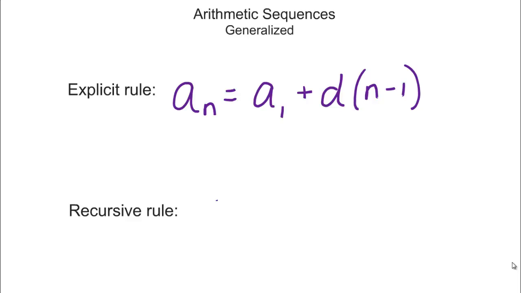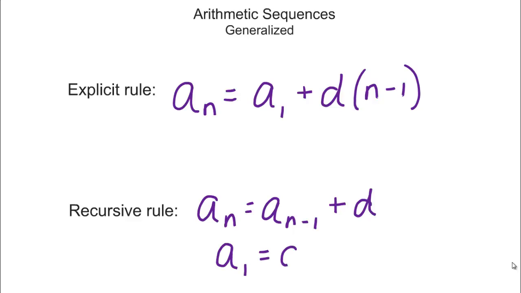A recursive rule will always be to get your nth term, take your n minus first term, and add d. And then we need to say whatever a1 equals. I don't know what it is, so I'm just going to call it a1. So notice for arithmetic sequences, we have these really nice patterns. We can always find an explicit or a recursive rule fairly easily if our pattern is just always adding or always subtracting.